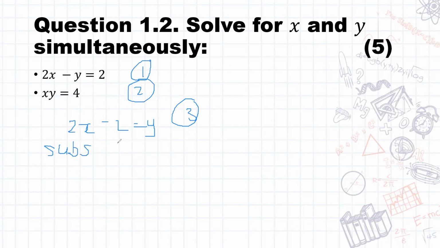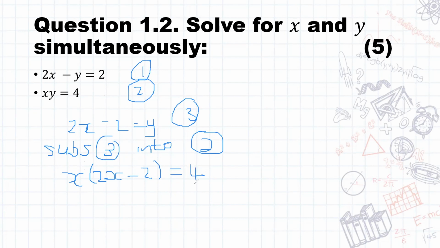So now we're going to substitute equation 3 into equation 2. Right? So we'll have x times, and now our y is now 2x minus 2 is equal to 4. So we've got x times 2x is 2x squared minus 2x, and we'll bring the 4 to the other side, becomes minus 4 is equal to 0.